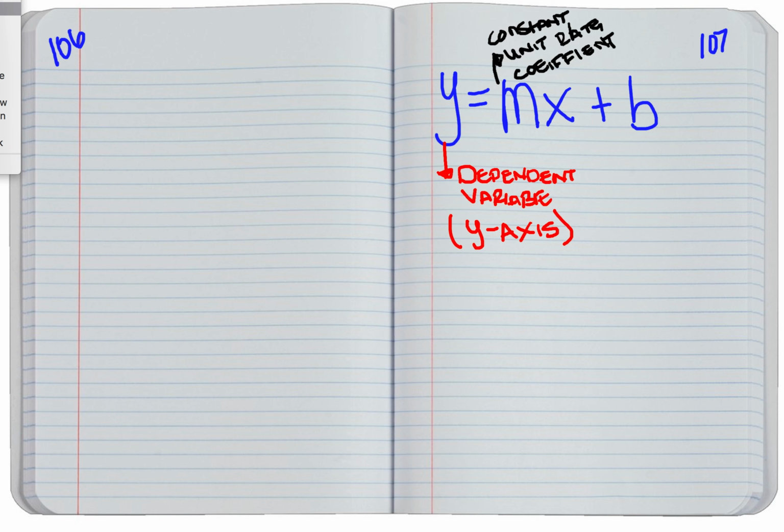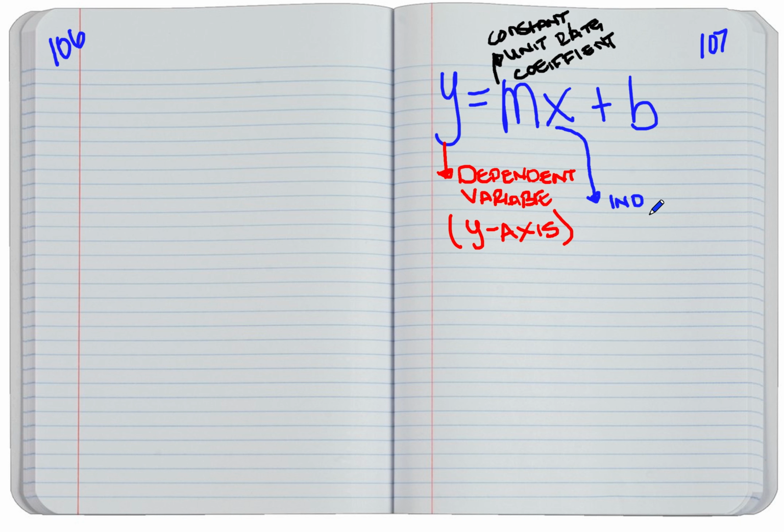All right, let's talk about the X. Let's see if I can pick a better color. Well, I'm limited on colors, so I guess I'm going to go with blue. Okay, your X. And again, kind of follow my arrow system here. The X is known as your independent variable. Y is dependent.